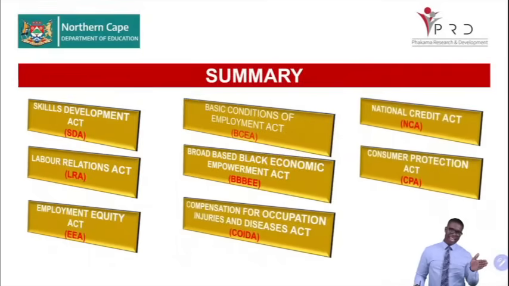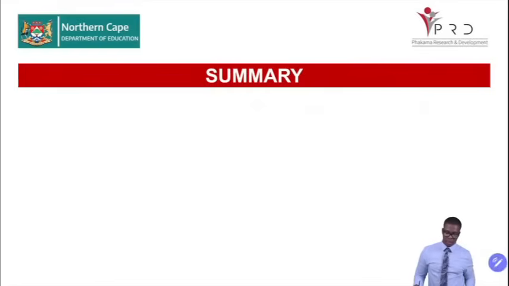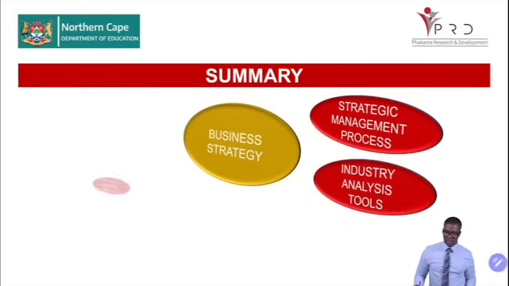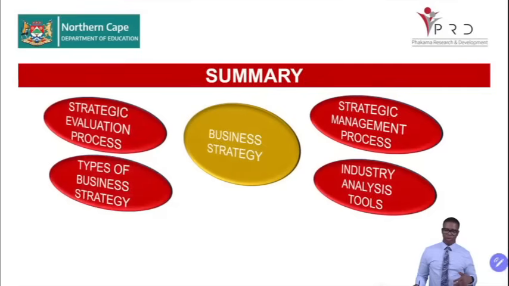Regarding the action verb, we say it is identify and how to quote from the scenario. We also looked into the business strategy to say we have the strategic management process, which can be used as a distractor to strategic evaluation, or the steps in strategy evaluation, which can be used as a distractor for a strategic management process. How to identify the Porter's 5 forces, how to identify the PESTLE factors from the scenario, and we looked into how to identify steps in business strategy as well.